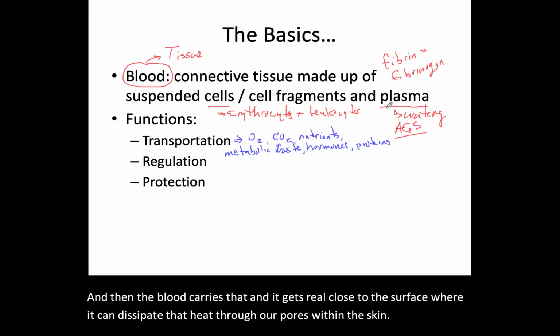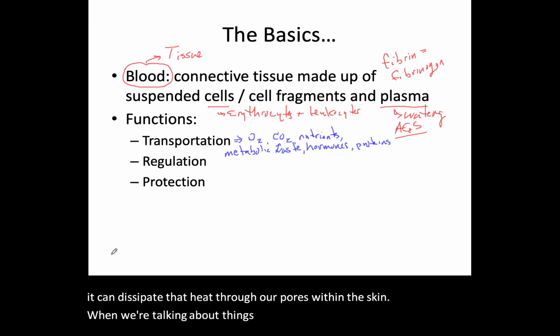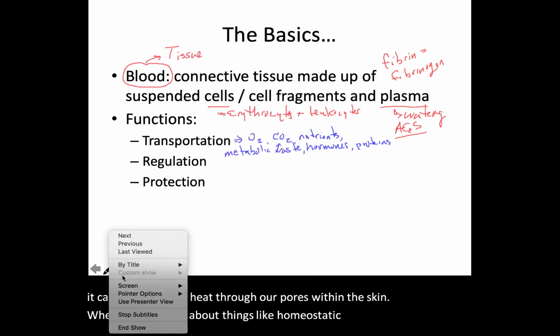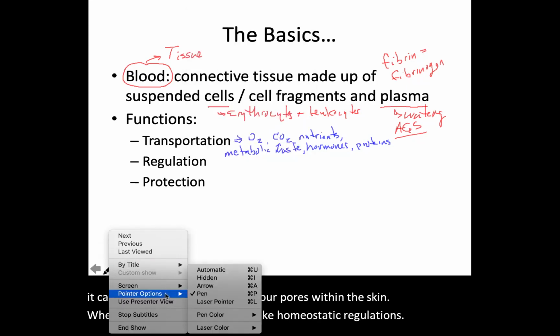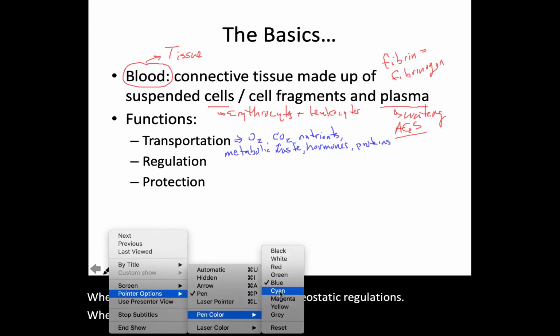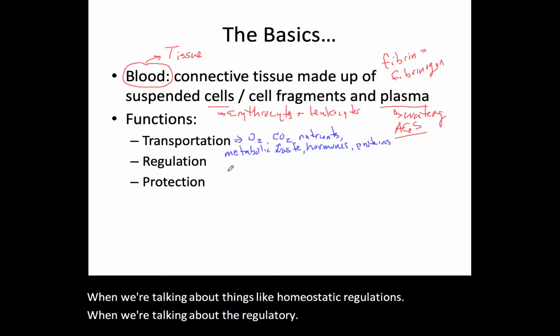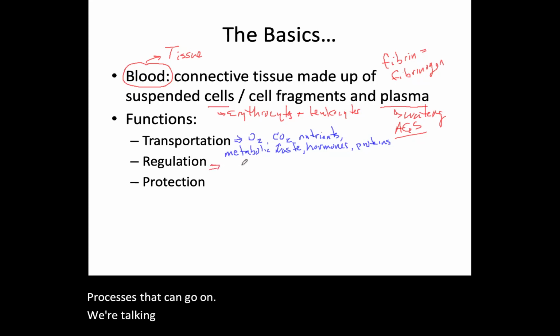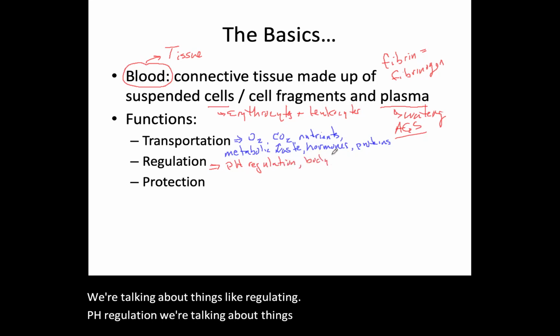When we're talking about things like homeostatic regulations, when we're talking about the regulatory processes that can go on, we're talking about things like regulating pH. pH regulation. We're talking about things like body temperature.